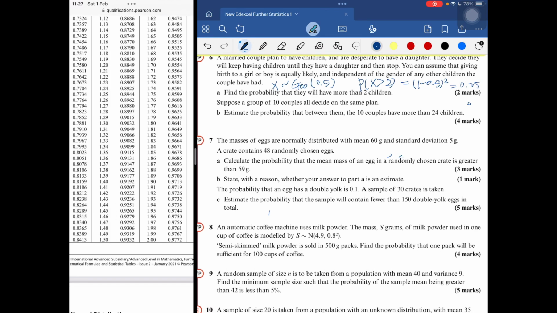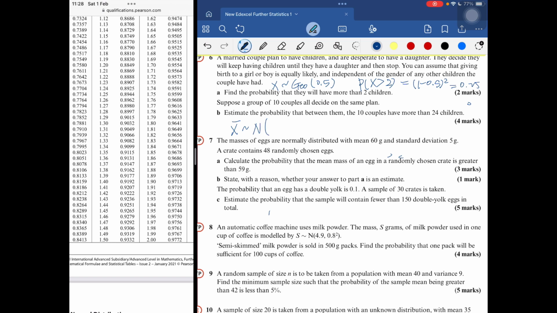There is a group of 10 couples who all decide on the same plan. Between them, the 10 couples have more than 24 children. So 10 couples having more than 24 children means each couple has more than 2.4 children on average. So X bar may follow the normal distribution.